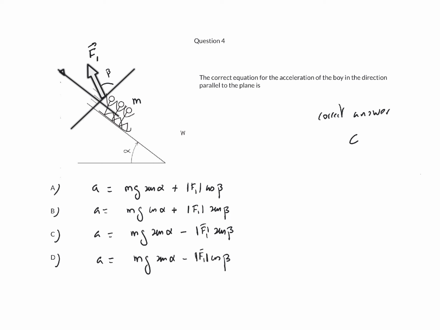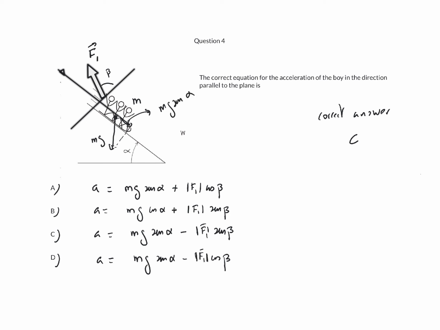The next question says there are two forces. For the correct equation for the acceleration of the body in the direction parallel to the plane, I have m, the mass of the body, times the acceleration. I have the component of the force of the weight in this direction, that is mg sine of alpha.